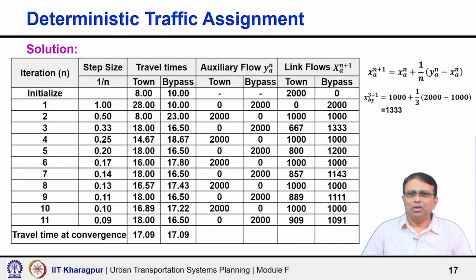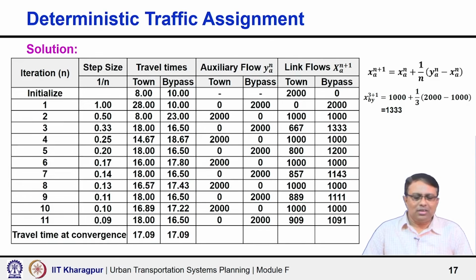For n+1 we are calculating: x_a^n was 2000, plus 1/n, where n here is 1, times y^n, the auxiliary flow, which is 0, minus x_a^n, again 2000. So 2000 minus 2000 becomes 0. So, 0 and 2000. With this 0 and 2000 flow we again calculate the travel time.